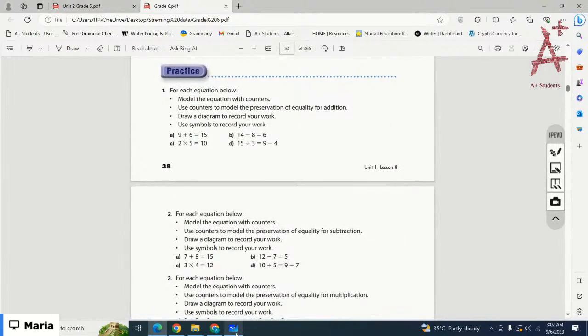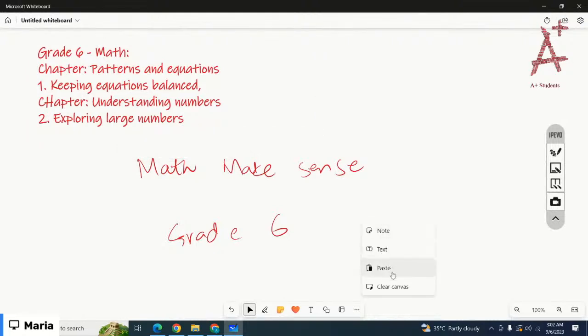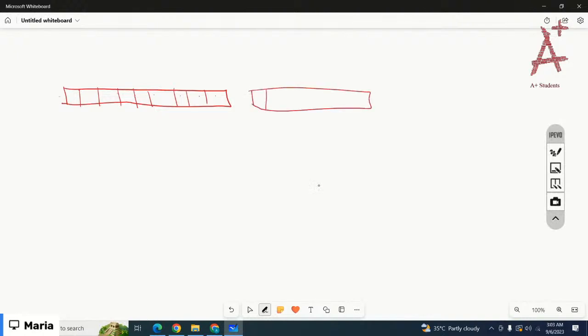Okay, the first one is 9 plus 6 equals 15. So you have 9 counters: 1, 2, 3, 4, 5, 6, 7, 8, 9, right? And then you have 6 counters: 1, 2, 3, 4, 5, 6.